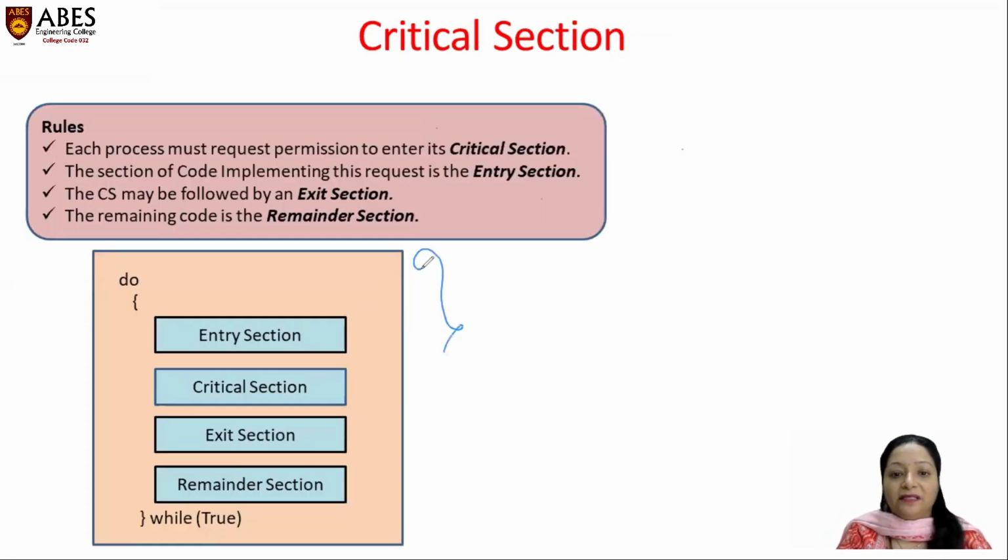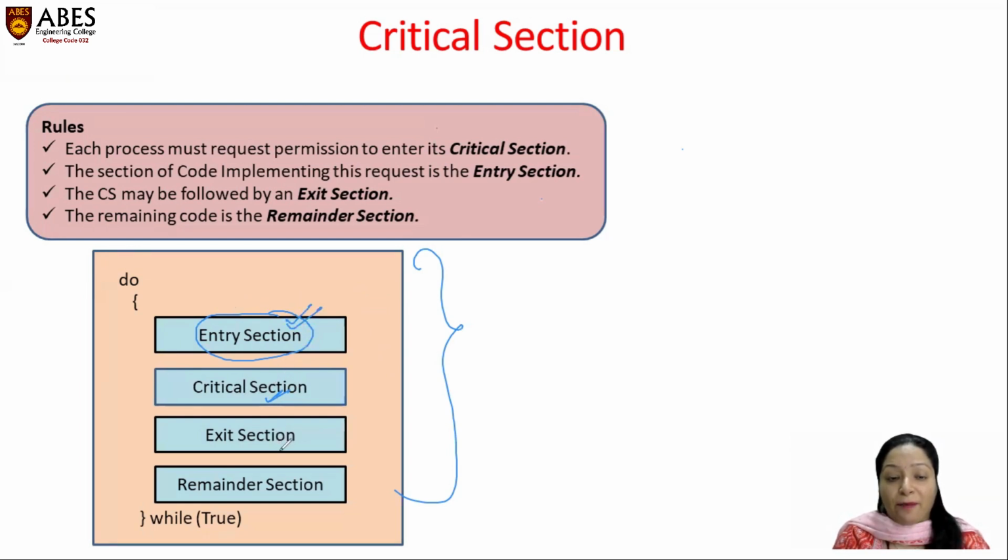Now, this is the basic structure of the critical section that we will be studying. First of all, there is an entry section. Whenever a process wants to execute in its critical section, that process first needs to have the permission to access it, and this permission is granted in the entry section.